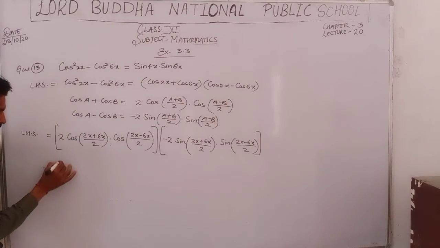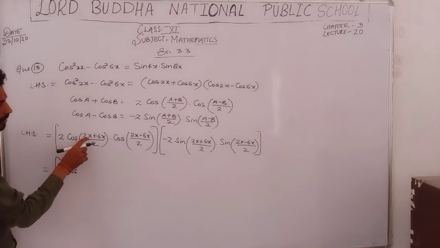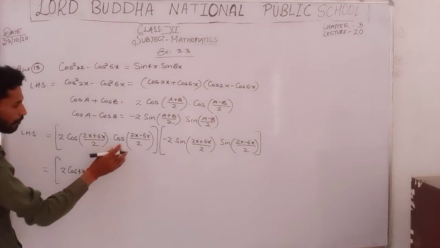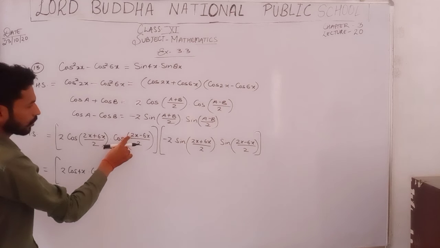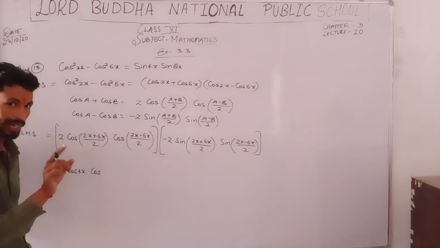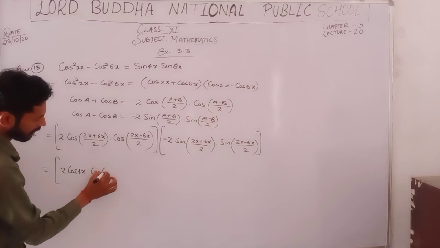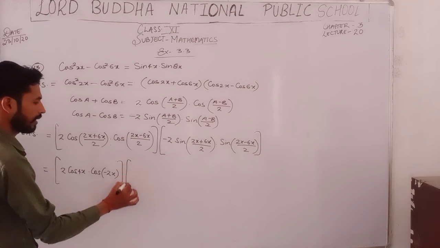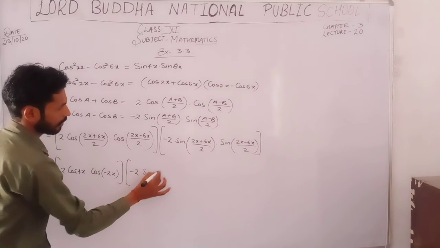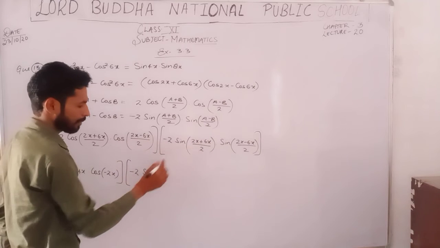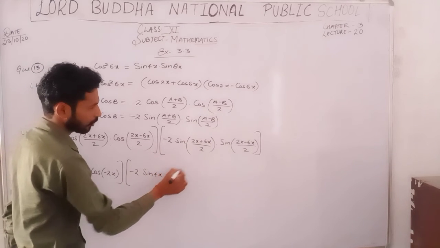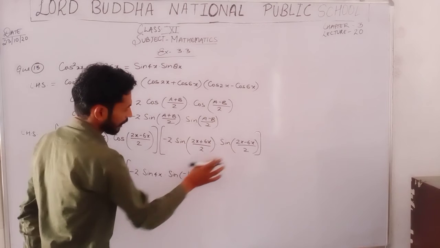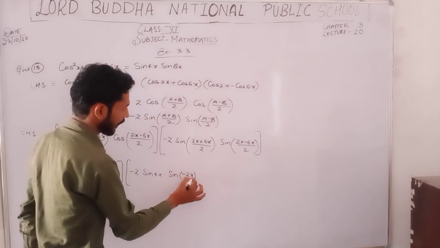Now this will be 2 cos 8x divided by 2, that is 4x, into cos of minus 4x divided by 2, that will be minus 2x. In the next bracket minus 2 sin 4x into sin of minus 2x.